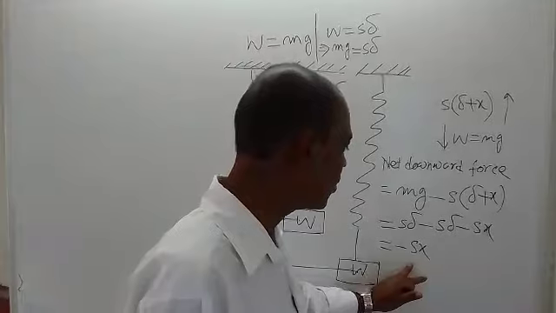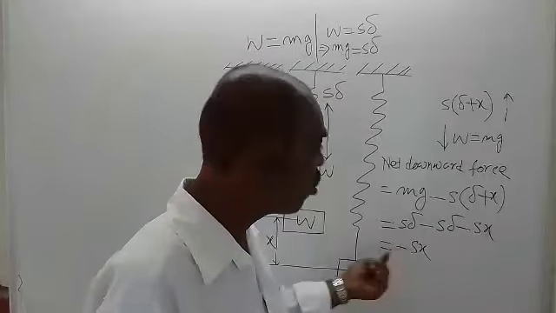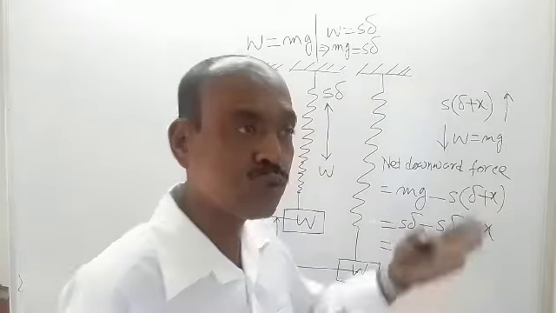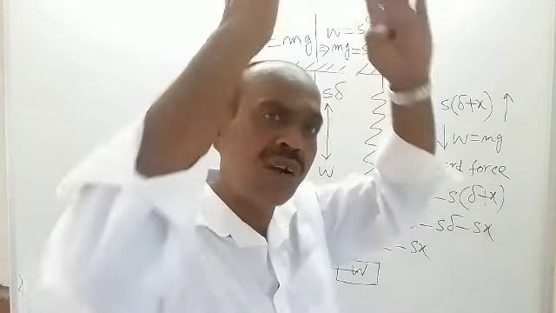Stiffness is a positive quantity, X is also a positive quantity, and there is one negative sign. So this implies that actually there is no net downward force, there is actually a net upward force.